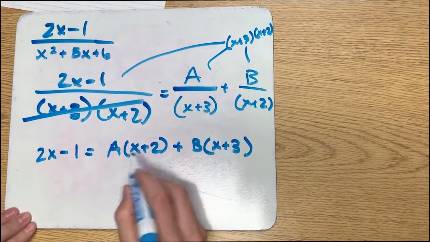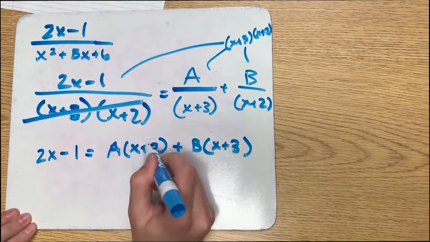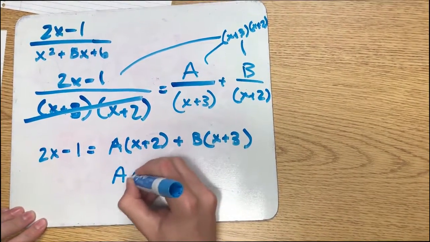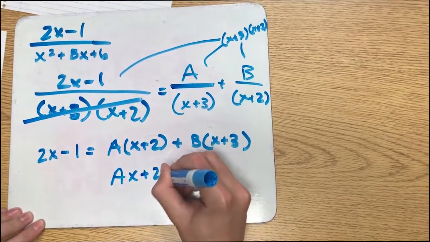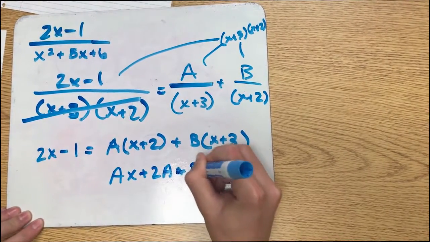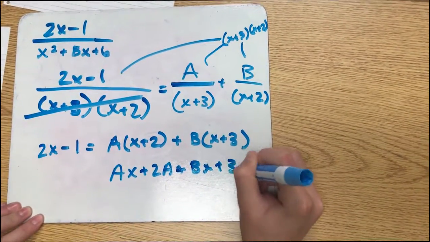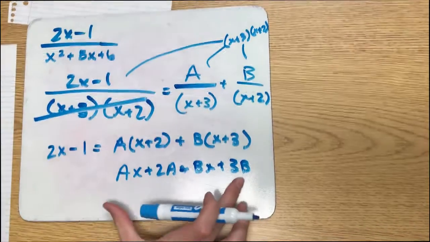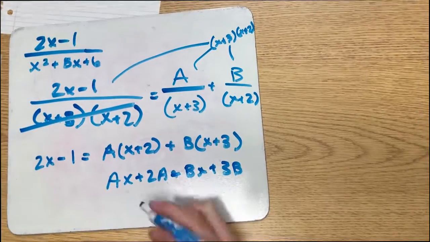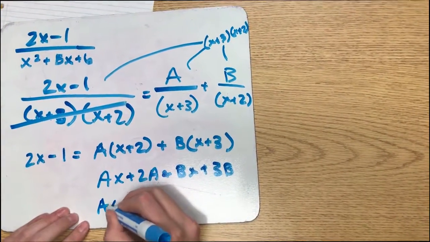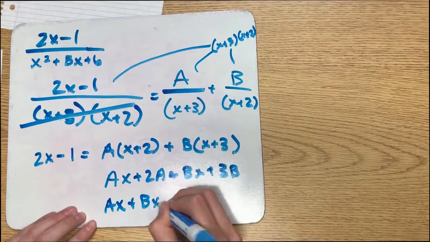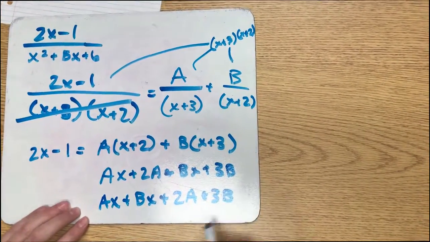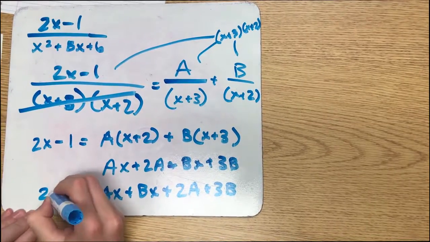Alright, and now we want to distribute the a and the b to both of the factors, so we'll get ax plus 2a plus bx plus 3b. And then we want to combine like terms, so we'll do ax plus bx plus 2a plus 3b, equals 2x minus 1.